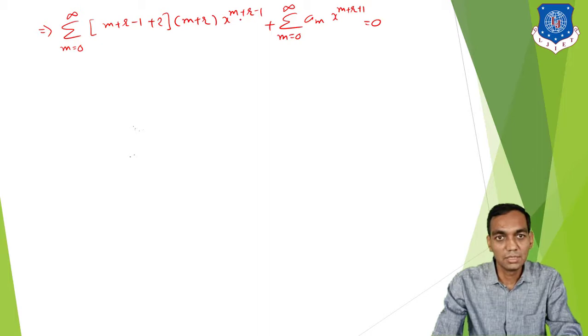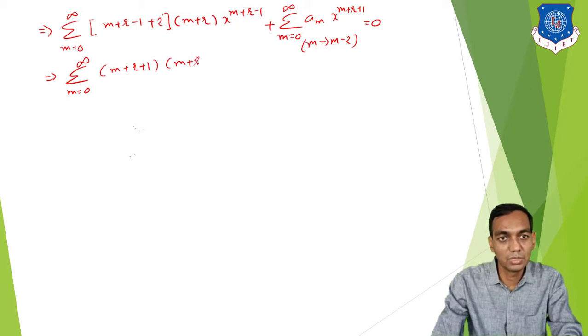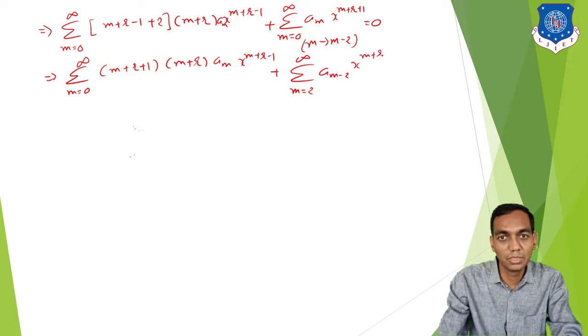Now see, this degree is m plus r minus 1 and this degree is m plus r plus 1. So here you have to reduce your degree to the lowest degree form. So m will be replaced with m minus 2. So the first term is going to be sigma m from 0 to infinity m plus r plus 1 into m plus r a m x raised to m plus r minus 1, and plus this term is going to be sigma m running from 2 to infinity a of m minus 2 x raised to m plus r minus 1.